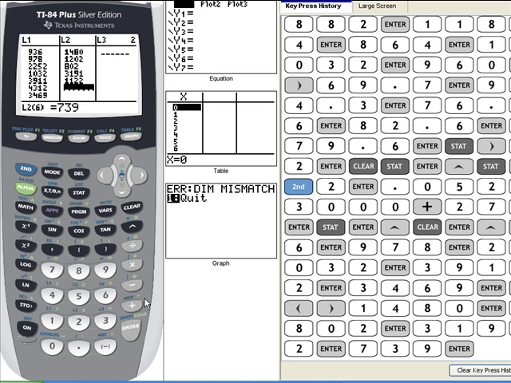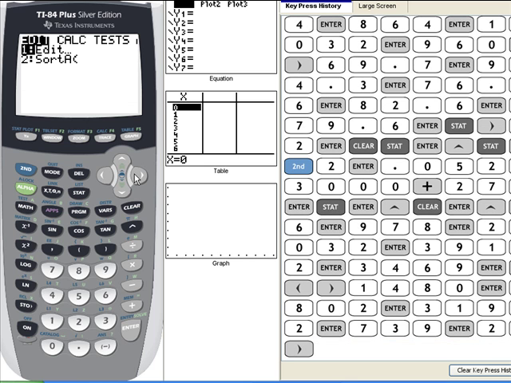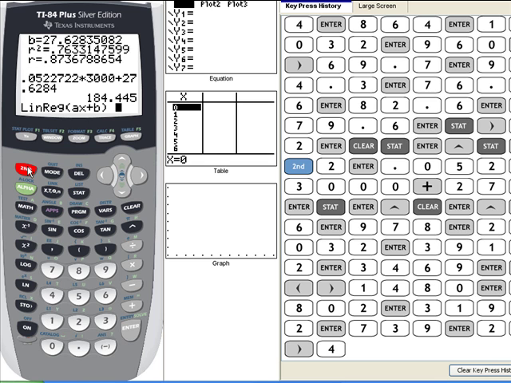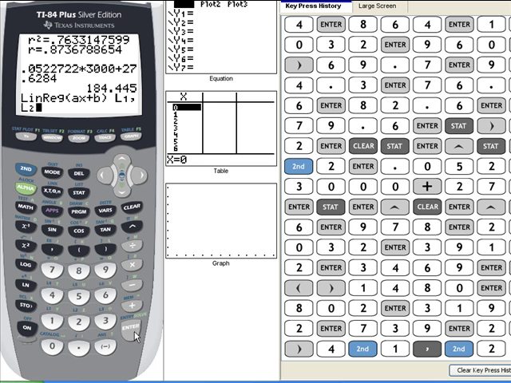Okay, so we want to go to Calc, and we want to do the regression L1, comma, L2. Okay, so our R this time is negative 0.282, and we have 367.